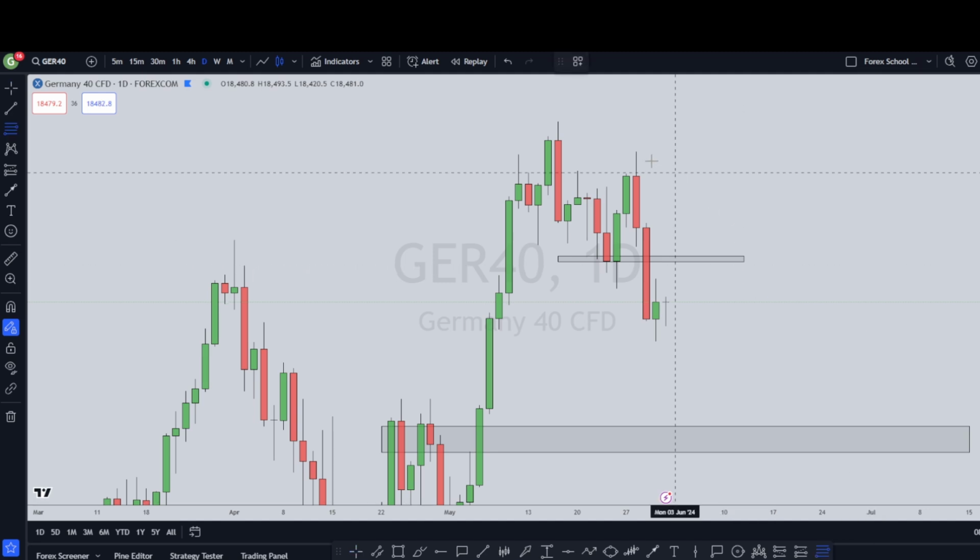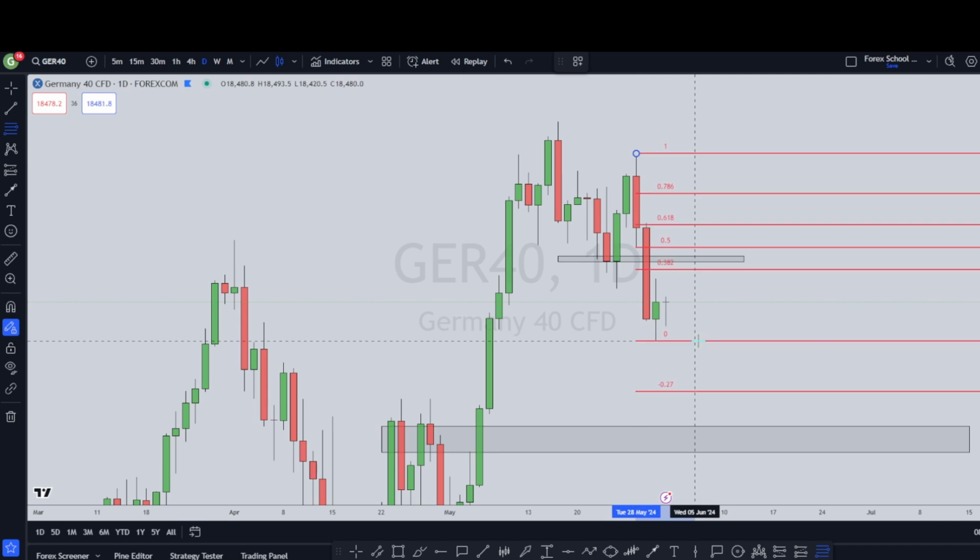And so measuring this move from its peak to its bottom, what we see is that this area of resistance is the same area that is lying between the 38.2 and the 50% Fibonacci retracement levels.